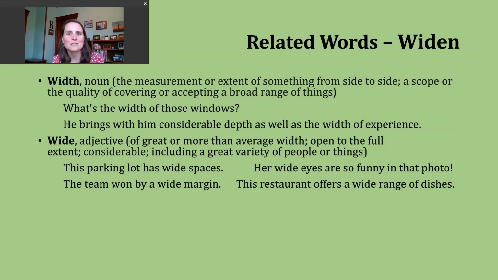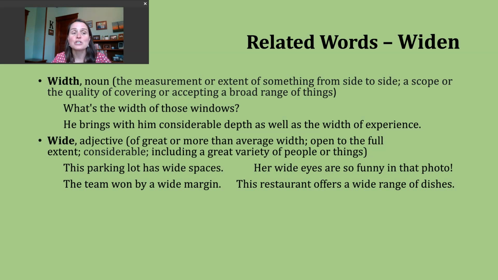That's what's being described. Another way to use the adjective wide is to talk about something considerable in size. An example of this: "The team won by a wide margin." Okay? So if we're talking about soccer, we're not talking about them winning by a single goal, right? Maybe they won by 5 or 6 or more, right? That is a considerable difference.